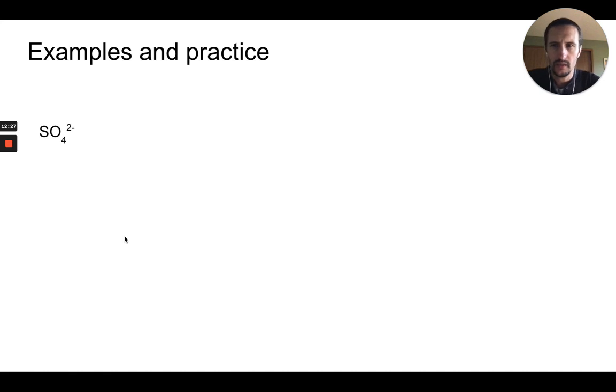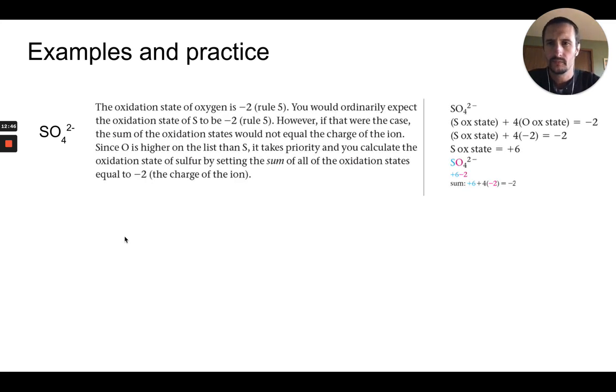Let's take a look at this example. This is the sulfate anion. Sulfate has a -2 charge. So we want to know what the oxidation state of the sulfur and the oxygen in this polyatomic ion is. So again, oxygen has an oxidation state of -2.